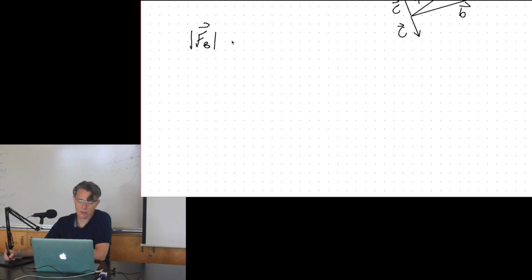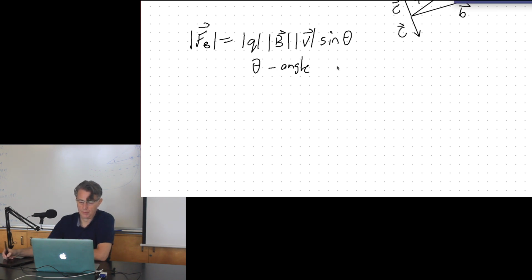So the magnitude of the force is equal to the magnitude of the charge multiplied by the magnitude of the magnetic field vector multiplied by the magnitude of the velocity times sine of theta, where theta is the angle between V and B. Here it is just straight up normal multiplication. I've gone over magnitudes in the past with you when I did the scalar product.